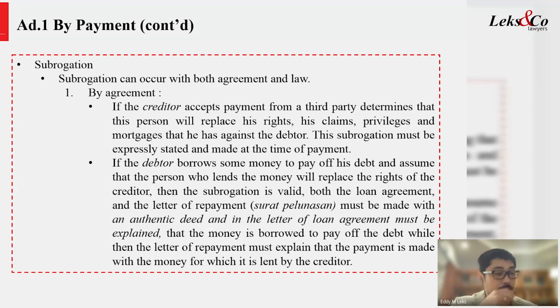Subrogasi atau penggantian hak 1400. Subrogasi atau penggantian hak-hak si berpiutang oleh seorang pihak ketiga yang membayar kepada si berpiutang itu terjadi baik dengan persetujuan maupun demi undang-undang. But the detailed explanation of this is only actually 3 provisions, 1401, 1402, and 1403.